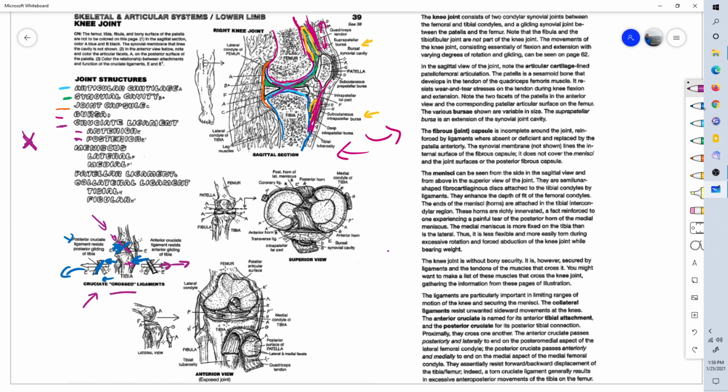A quick word about the joint capsule. It is certainly found on the posterior, but there are other areas here where we have ligaments that take the place of it. And in the front here, the patella takes the place of the joint capsule.